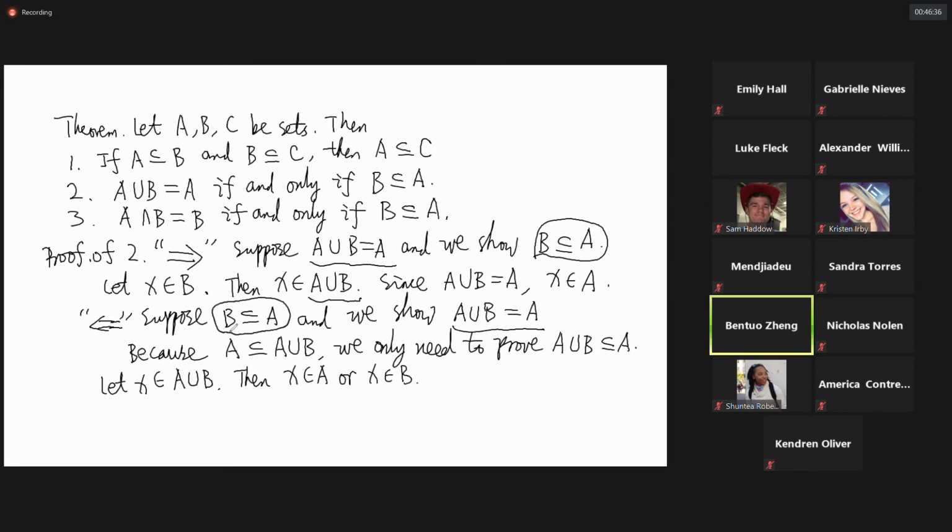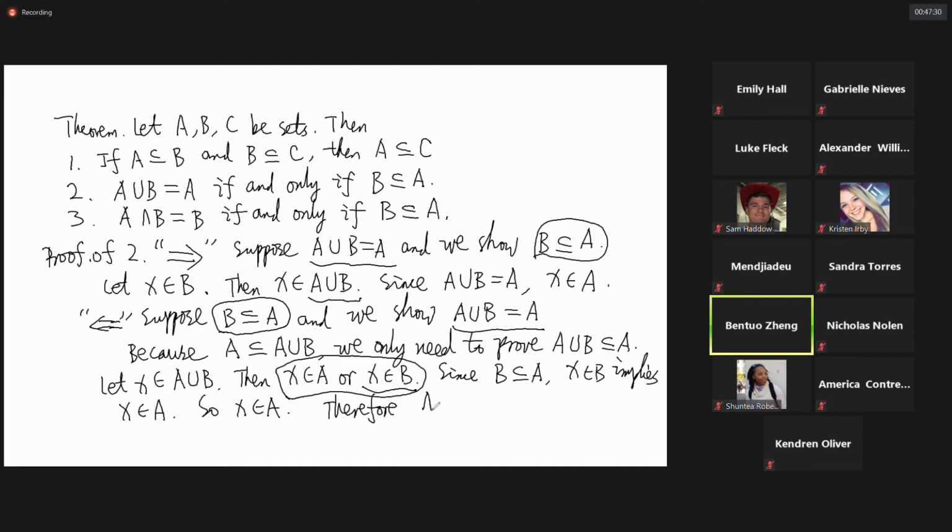B is a subset of A. Since B is a subset of A, X in B still implies X is in A. So in this situation, although it seems like you have two choices, X is in A or X is in B, in either case, X is always in A. So therefore, you prove two directions, therefore, A union B is equal to A.